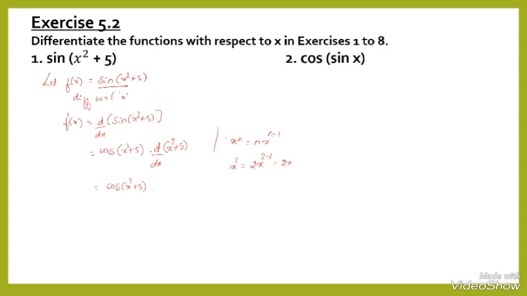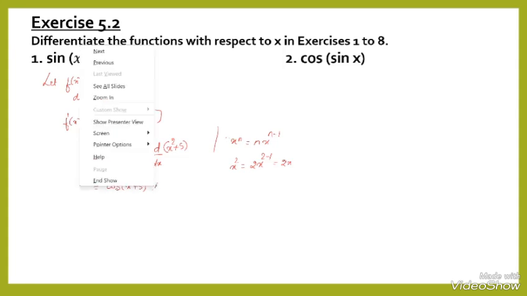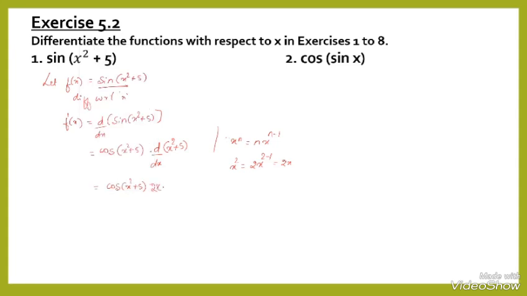The differentiation of the constant 5 is zero. Therefore, f dash of x is equal to 2x into cos of x square plus 5. This is the solution of the first problem.